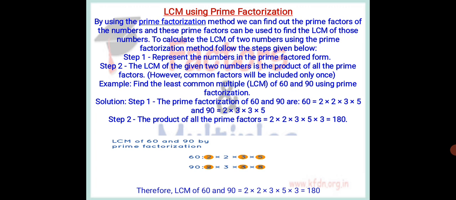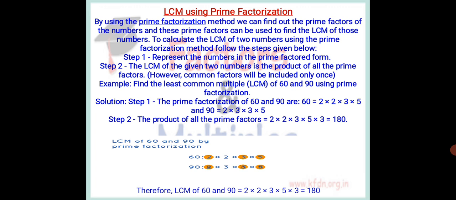And the third common among them is 5. So, step 2 is that the product of all the prime factors equals 2 into 2 into 3 into 5 into 3, equal to 180.